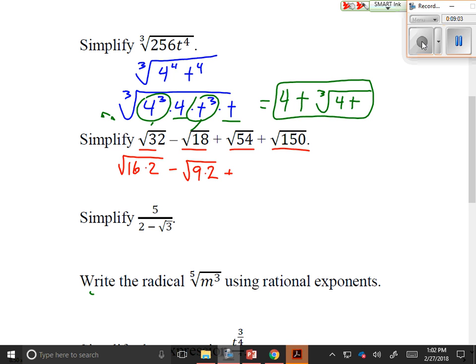So 9 times 6. And then 150 has 25 as a factor, times 6.